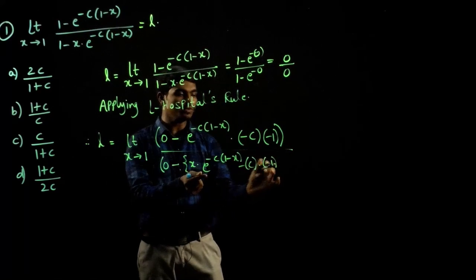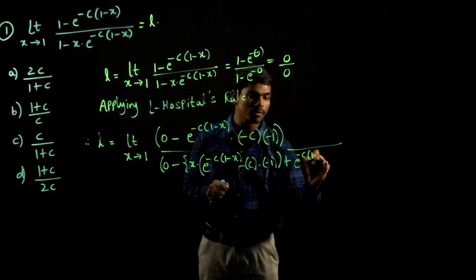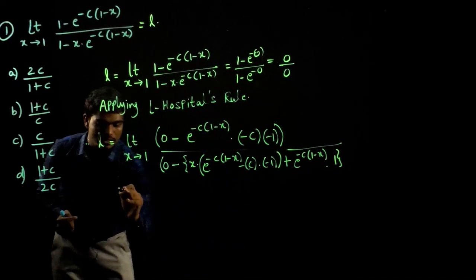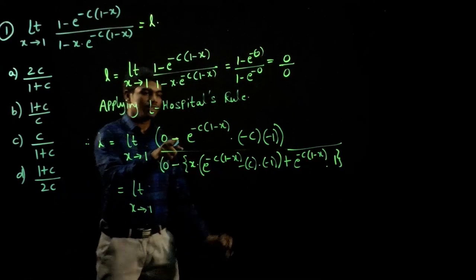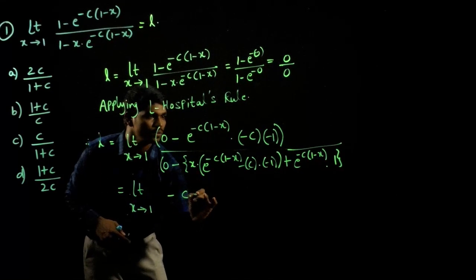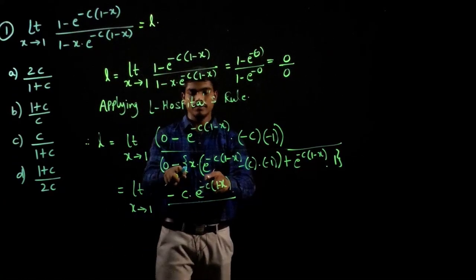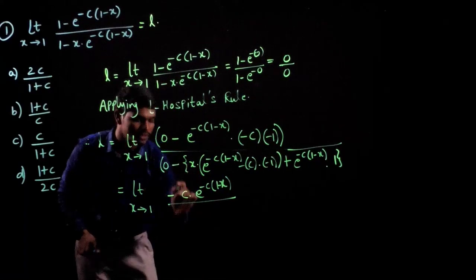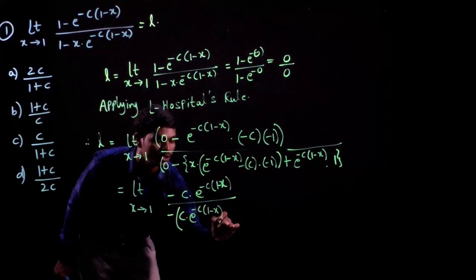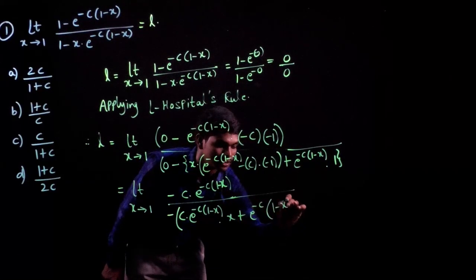This is first function into differentiation of second function, plus second function, which is e power minus c into (1 minus x), into the derivative of the first function; x is the first function here, so differentiation of x is 1.